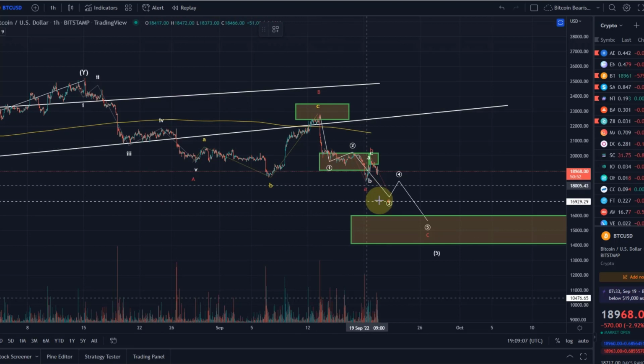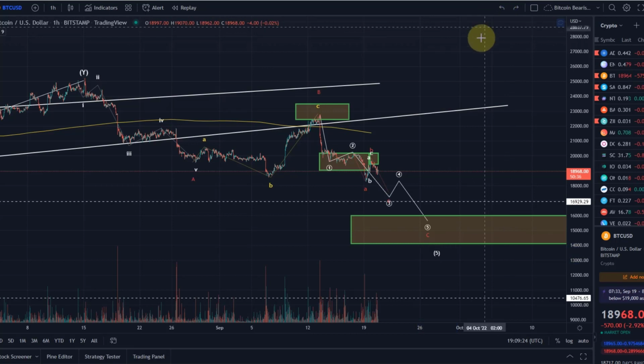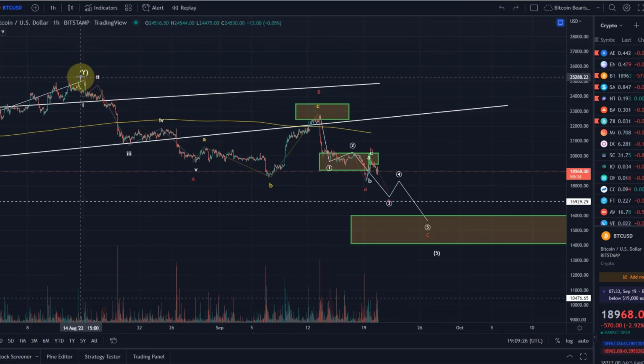It doesn't make a great difference here, but it means that to the downside this could become a bumpy ride. What does that mean? It means that the fifth wave, which will end the bear market, or should end the bear market, is a 3-wave move. I already talked about that in previous videos.